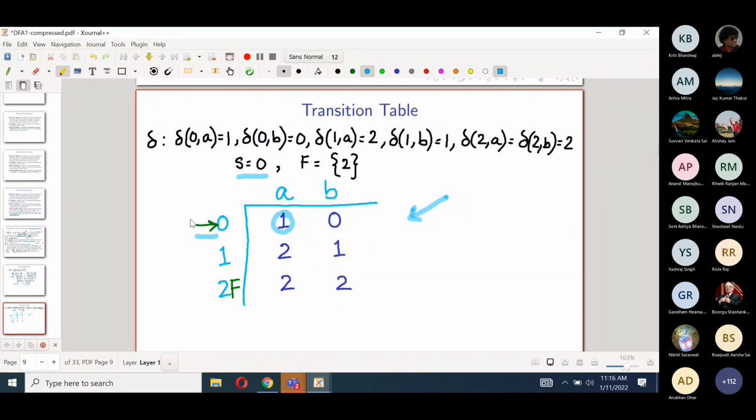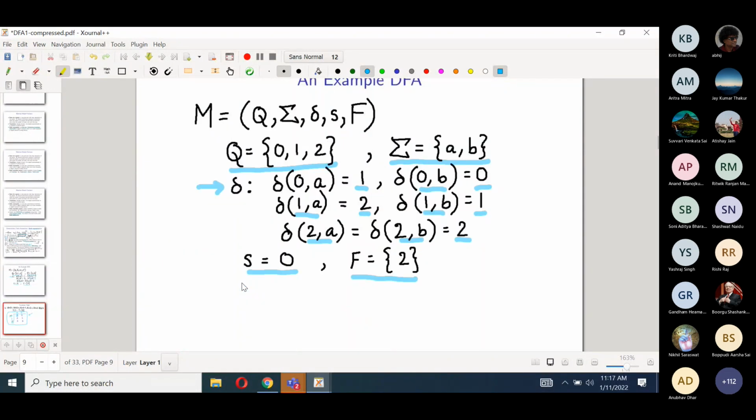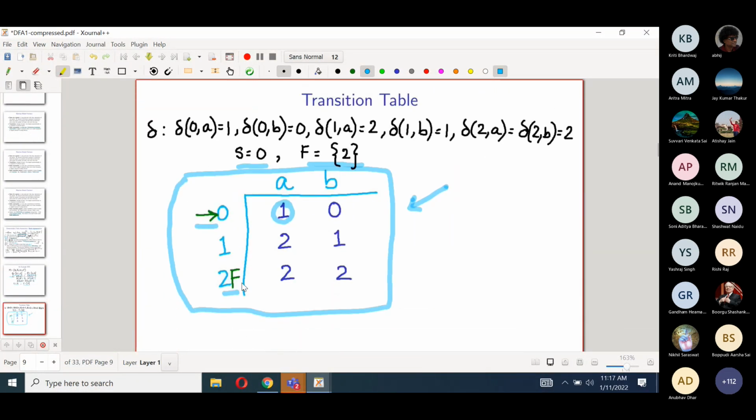I've used colors, you don't need to, but you can mark this particular state just to denote that it is a start state. All the states which are final states, you can indicate by writing an F after that state. So you can think of this table with some extra symbols as denoting the entire machine. This particular machine that we have specified, you can visualize in terms of this table.